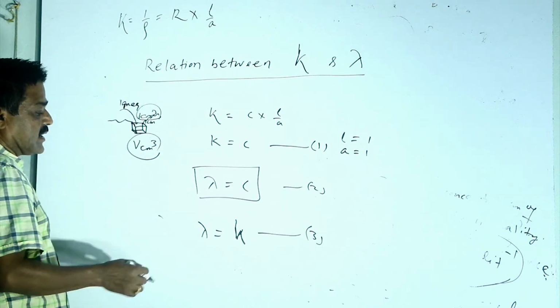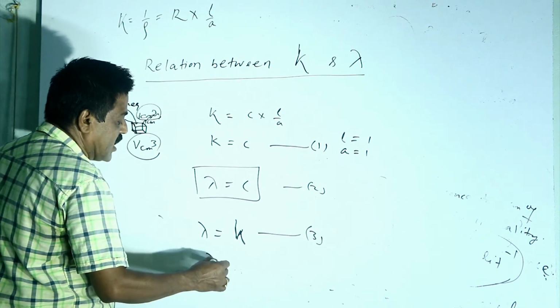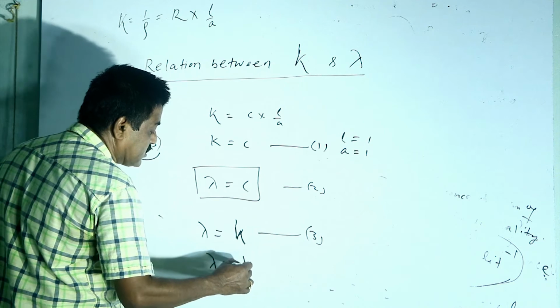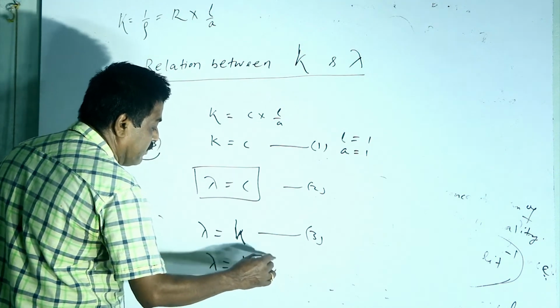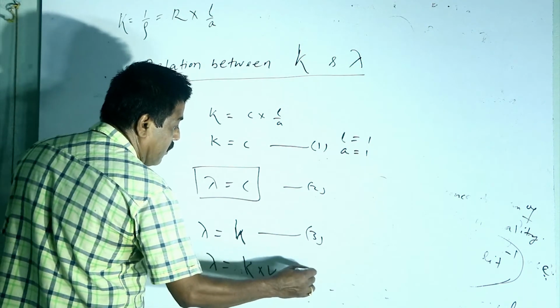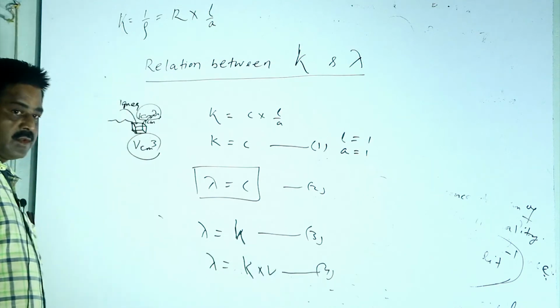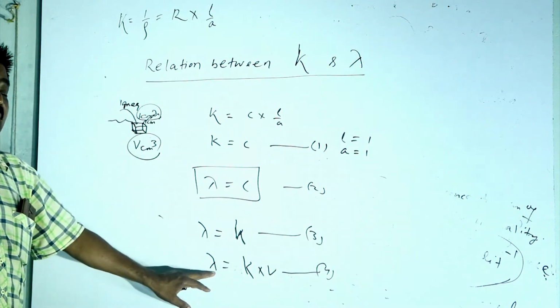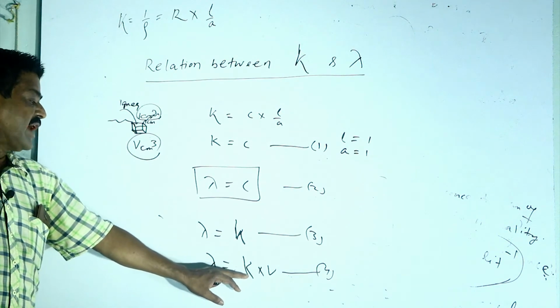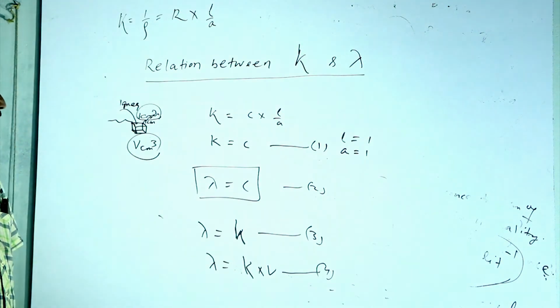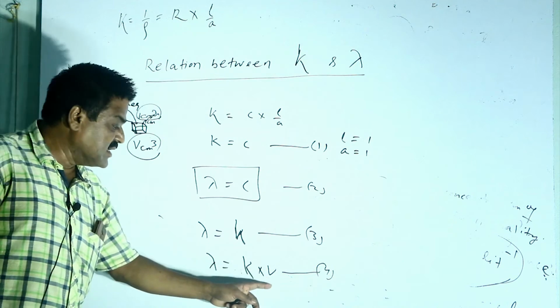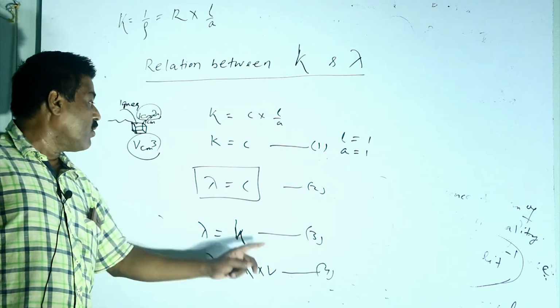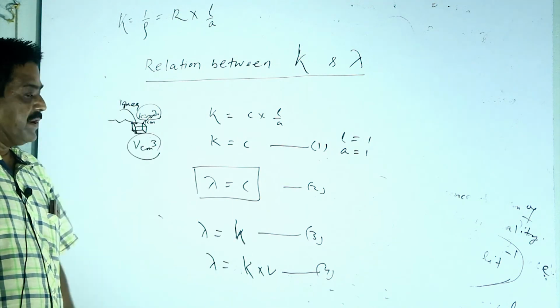The equivalent conductance again remains the same, where lambda is equal to kappa into V. This is the relation. If the volume is increased by V times, then lambda again becomes kappa into V. Now, V is the volume of the electrolyte containing 1 gram equivalent electrolyte.